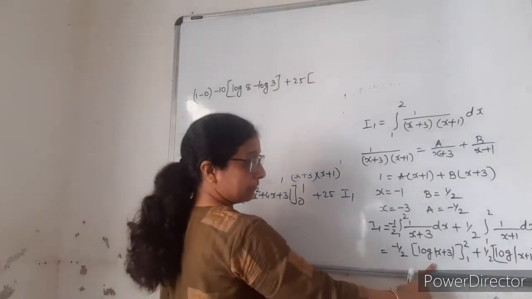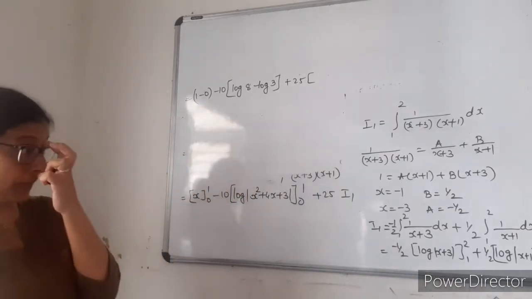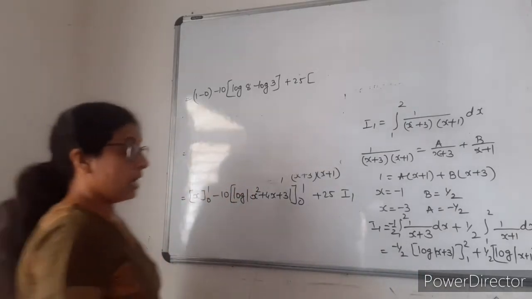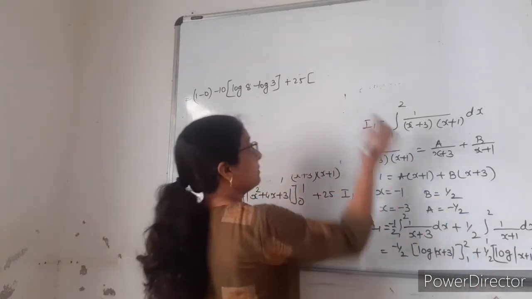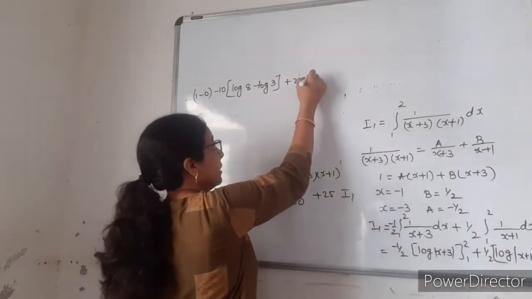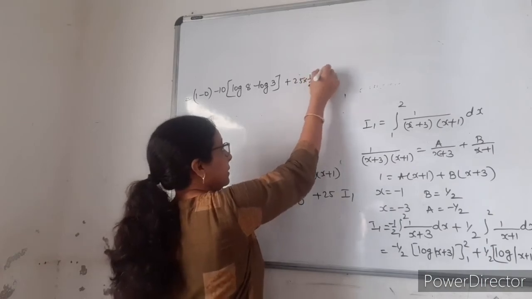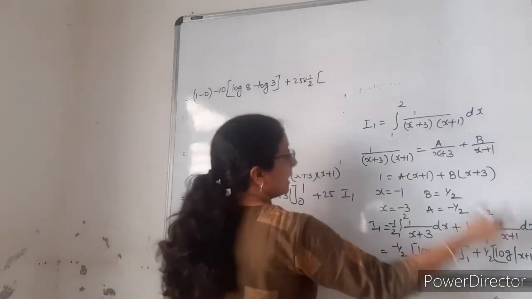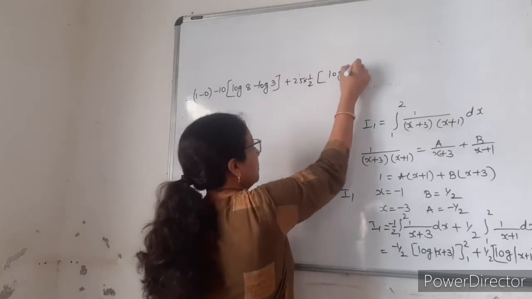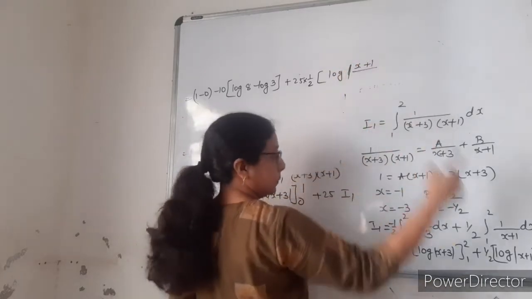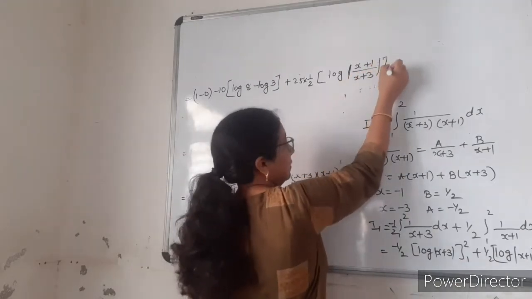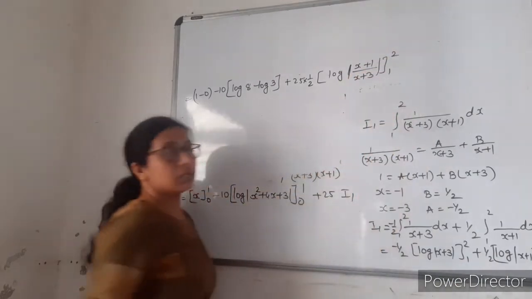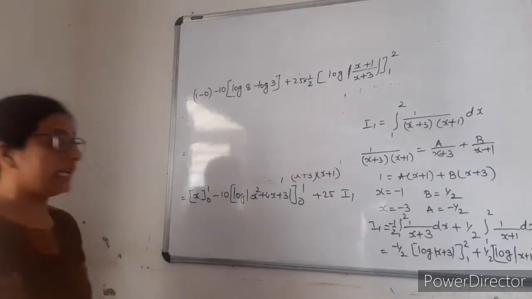Now this I1, if we simplify, the limit is same. So minus 1 by 2 and plus 1 by 2. So I will take this 1 by 2 outside. Here I will take log mod x plus 1 upon x plus 3, here limit 1 to 2. Yes or no?